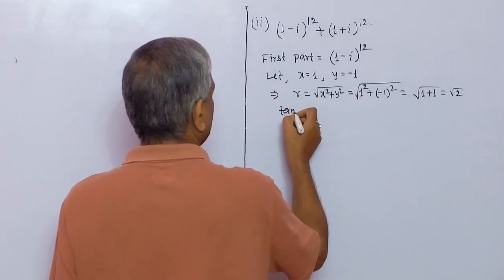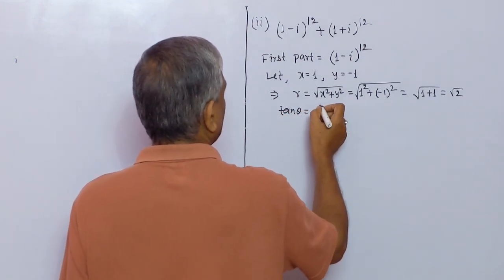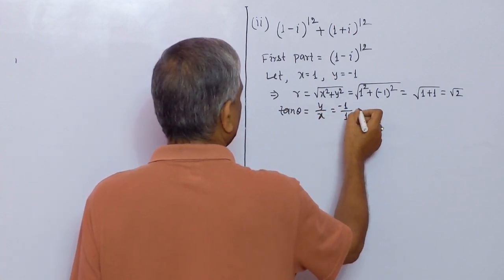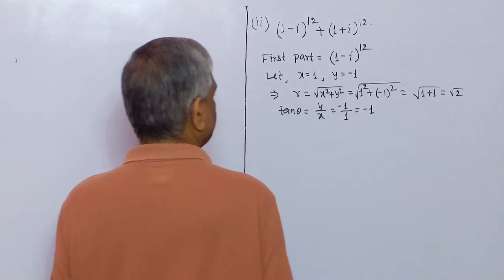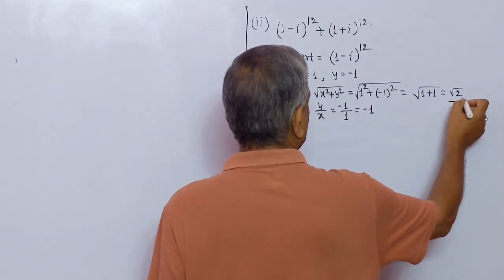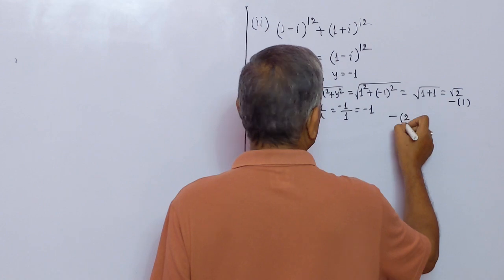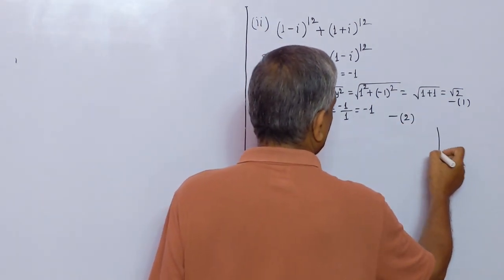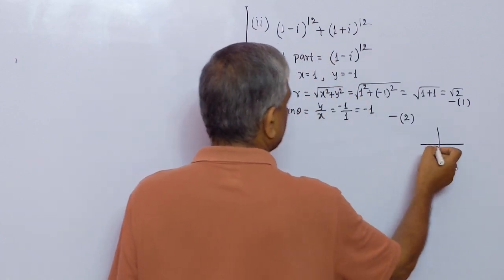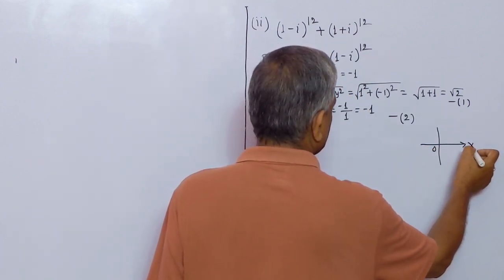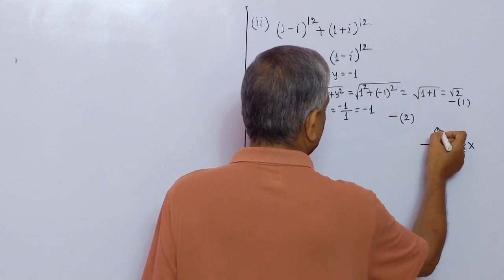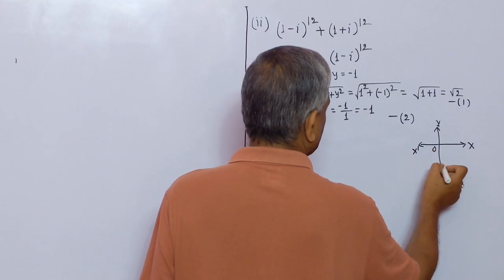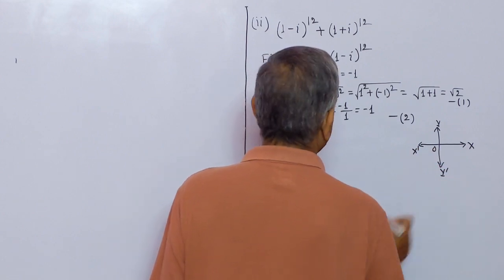Tan theta equal to y by x, minus 1 by 1, which is minus 1. This is number 1, this is number 2. Since here x is positive, this is the x axis, this is the y axis, this is the negative of x axis, this is the negative of y axis.